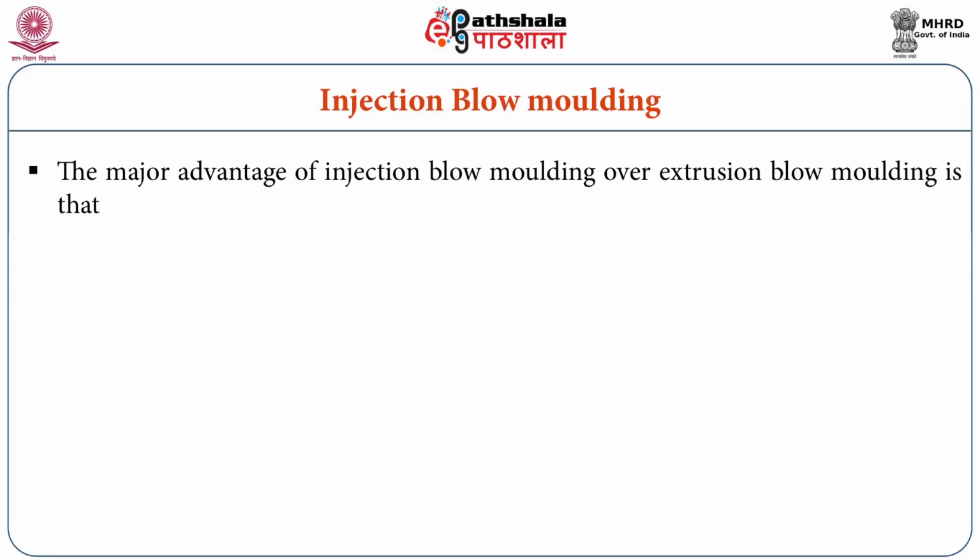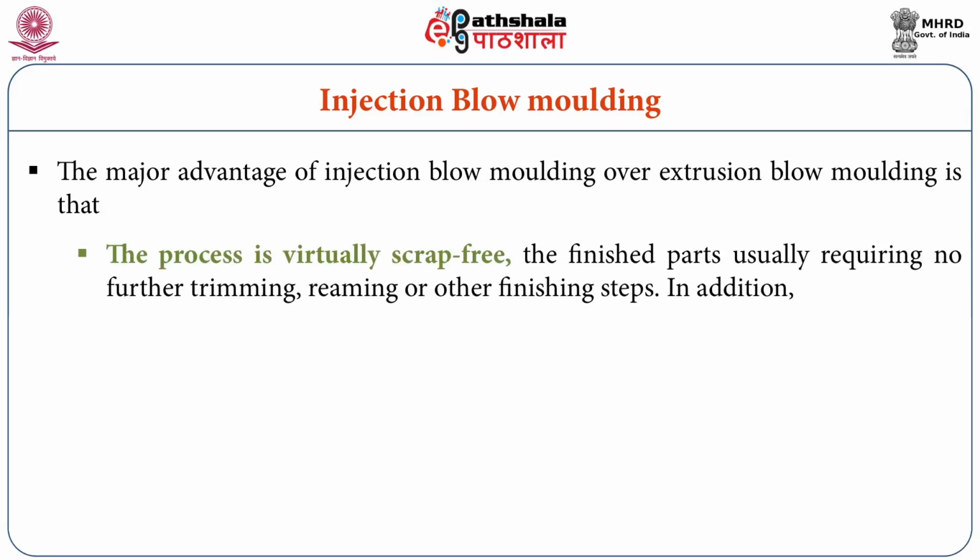The major advantage of injection blow molding over extrusion blow molding is that the process is virtually scrap free. The finished part usually requires no further trimming, reaming or other finishing steps.